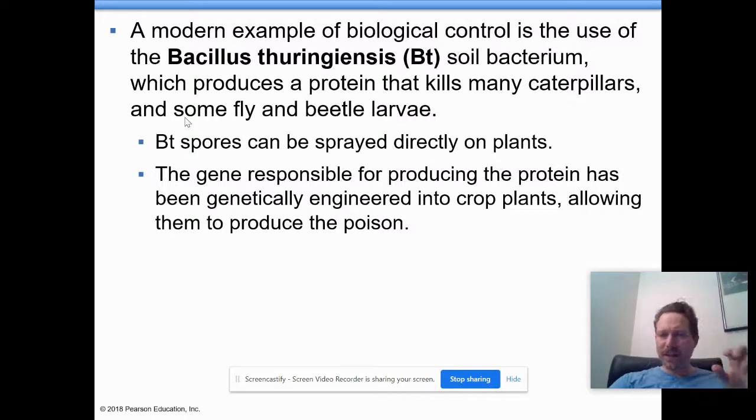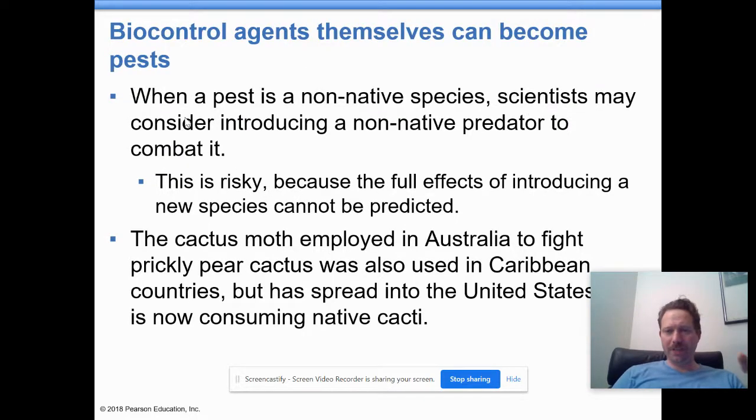And what they've done now is take the particular gene that produces that protein, and they've genetically engineered crops, allowing them to produce the particular poison without having to be sprayed with BT. And so that is one way in which we are genetically modifying crops to not have to use pesticides, if they're genetically producing those chemicals or toxins themselves.